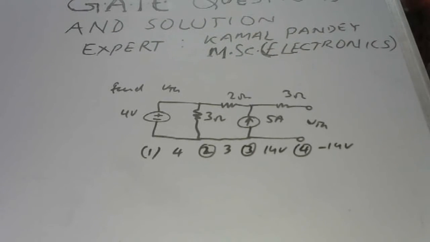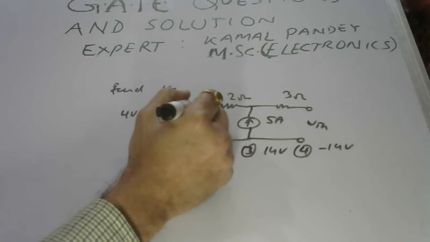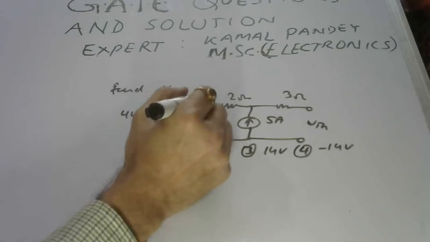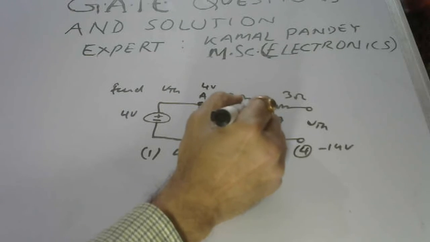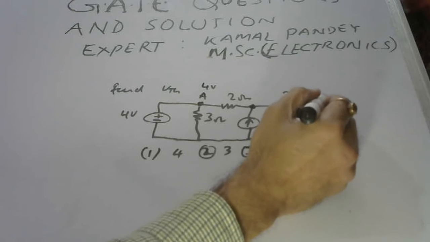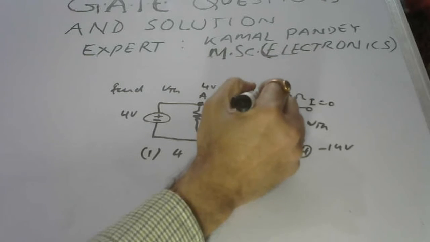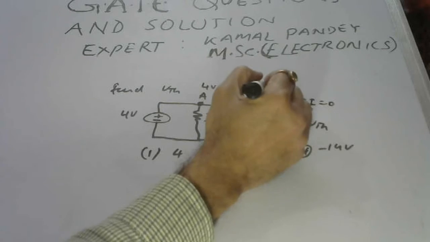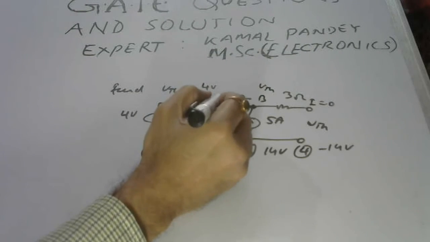So in this question we write like this: the voltage appearing at node A is equal to 4 volt. And the current flowing in this part is 0 because of the open circuit here. So the voltage at point B is VTH. We have to find it.